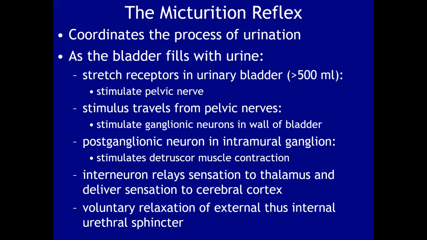So when you get to about 500 milliliters or more of urine in your urinary bladder, you have stretch receptors that will be stimulated, and those receptors will then stimulate the pelvic nerve. That stimulus goes from the pelvic nerve and stimulates ganglionic neurons in your bladder. A postganglionic neuron in those ganglia is going to stimulate the detrusor muscle, so that allows for the detrusor muscle contraction so that the bladder will squeeze.